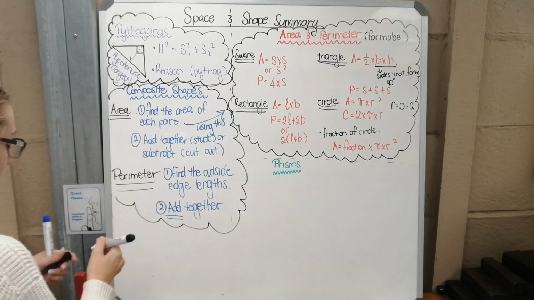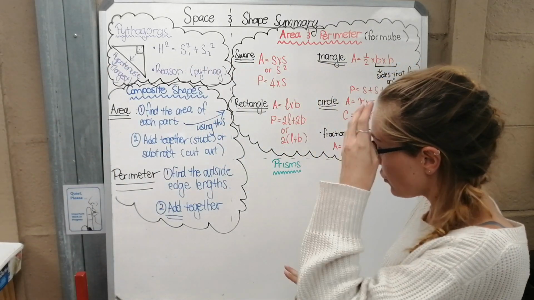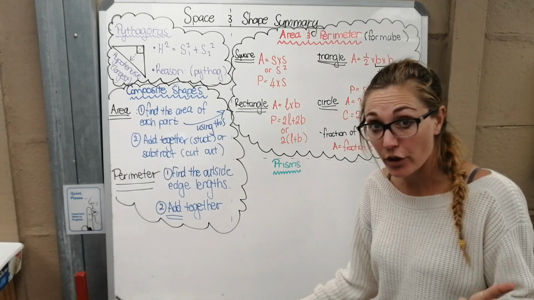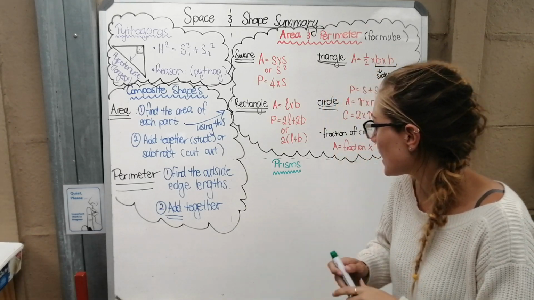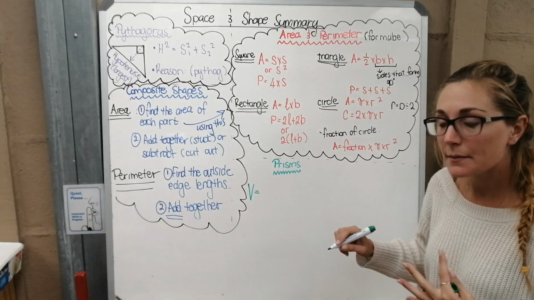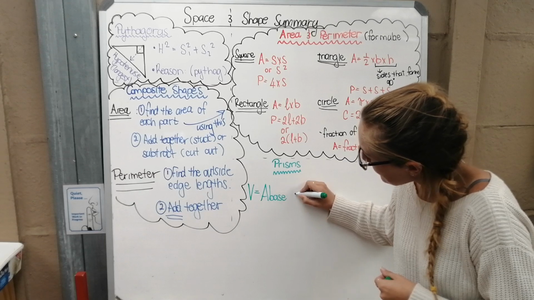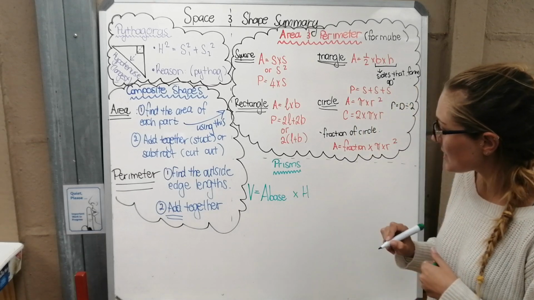Then lastly, prisms. With prisms, we've got two formulae. We've got volume, and we've got total surface area. So here are our two formulae. Volume of a prism is equal to the area of its base multiplied by the height of the prism.